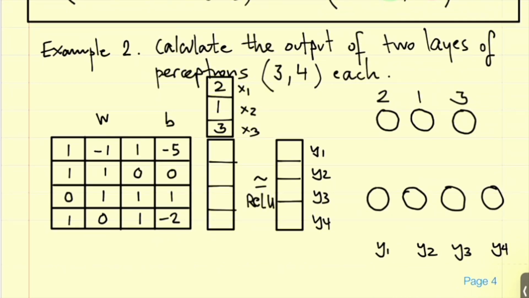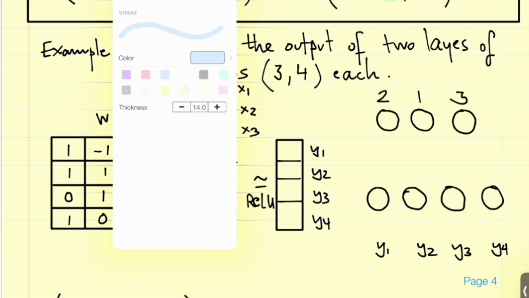You multiply 2 times 1 minus 1 times 1 plus 1 times 3 minus 5. I repeat, this is the bias. I will shade it just to keep things clean. Okay, so now please follow me here.